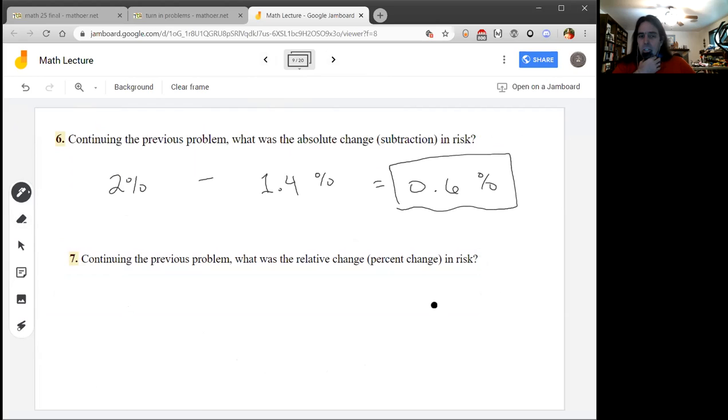And the moral of this story is if you start with a tiny number, then when you take things away, of course, your answer is tiny.